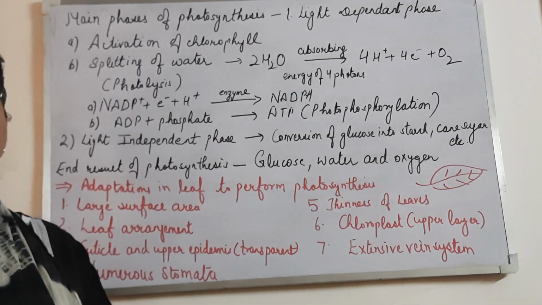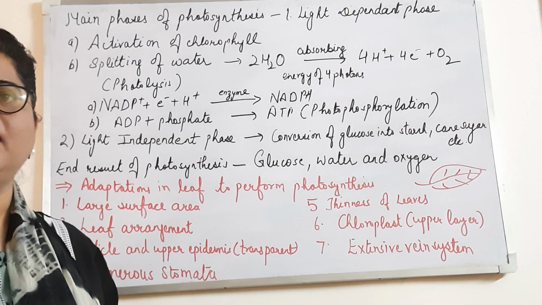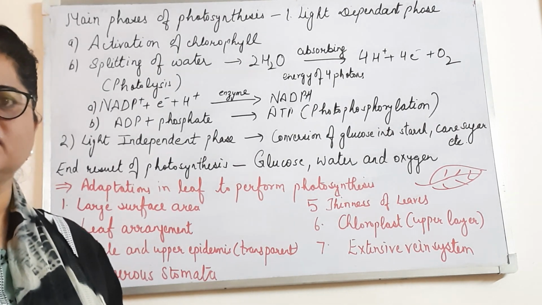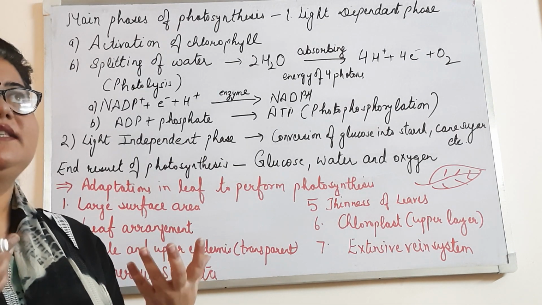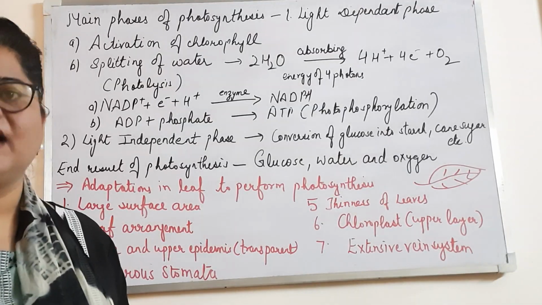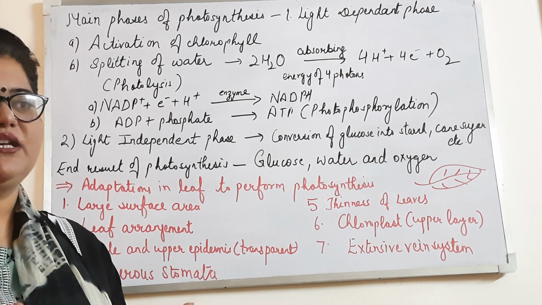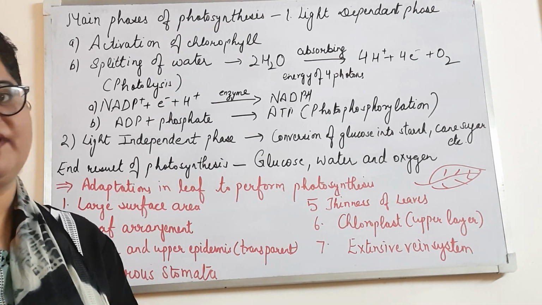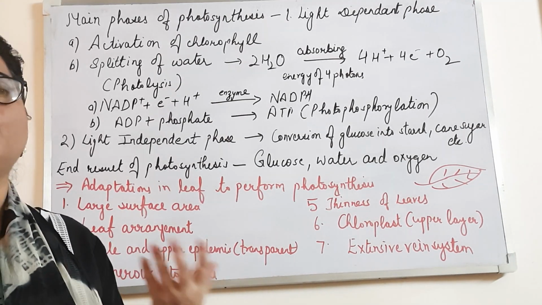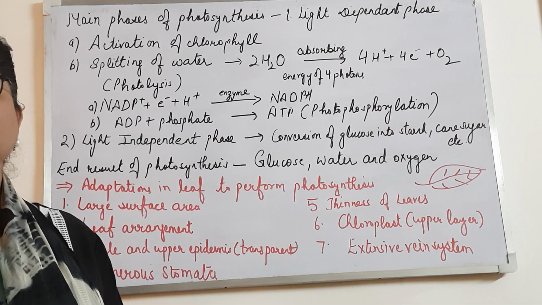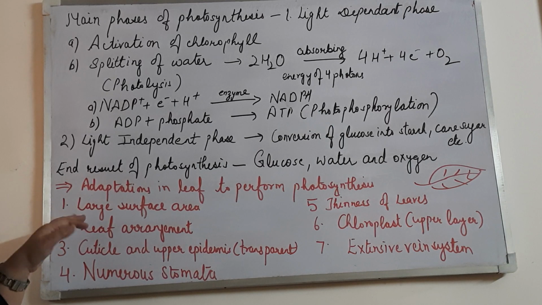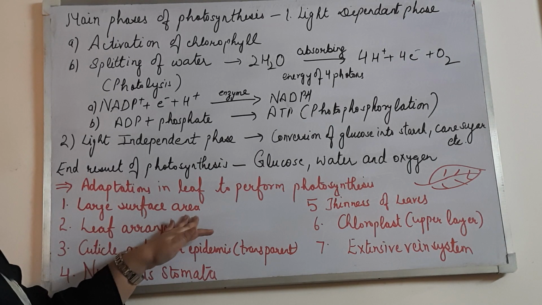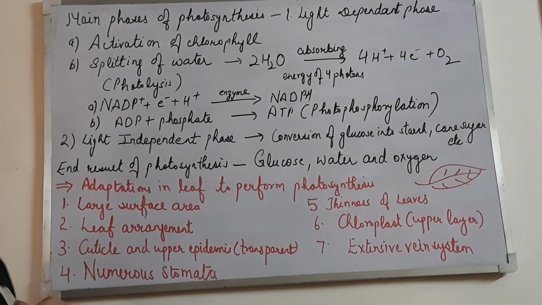Those leaves grow in areas where there is a scarcity of water, so in order to reduce transpiration, they narrow their surface area. But the majority of leaves have a larger surface area so that they can perform photosynthesis.